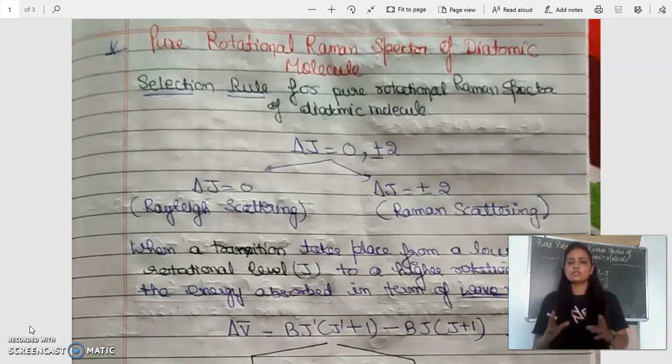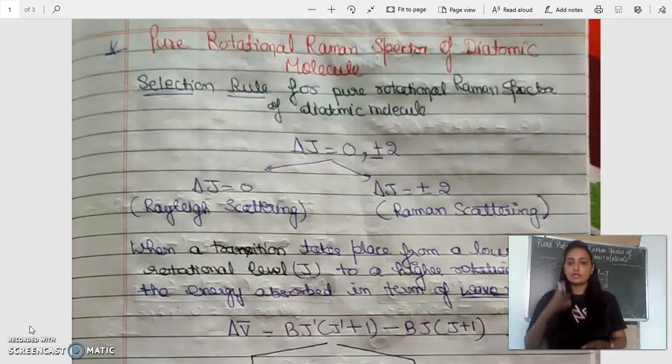When there is no change in energy, no change in frequency takes place, and the scattering is called Rayleigh scattering. We have already discussed that in this case there is an elastic collision between the photon and the molecule.